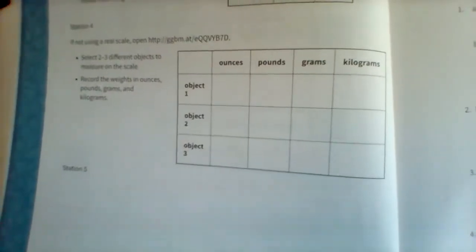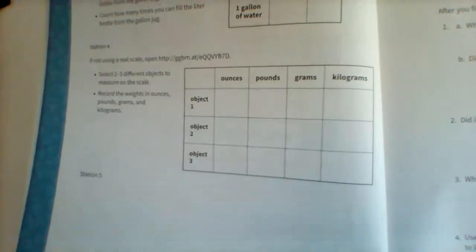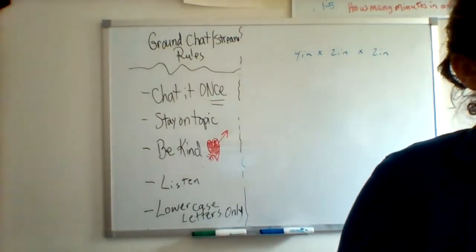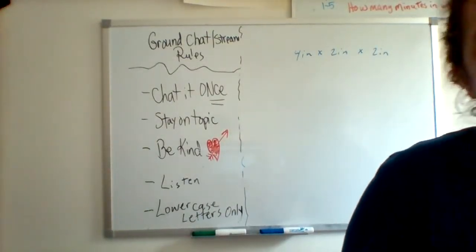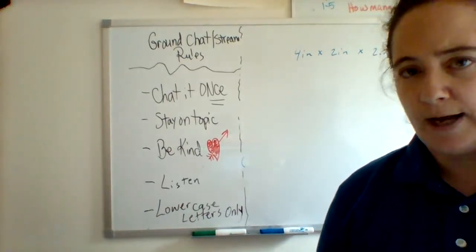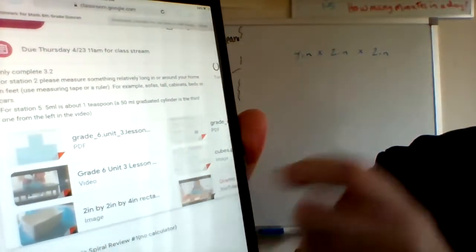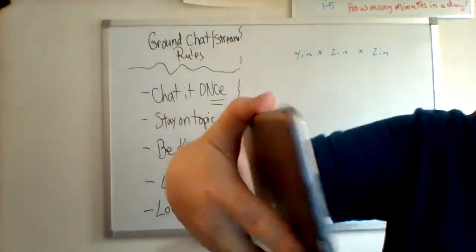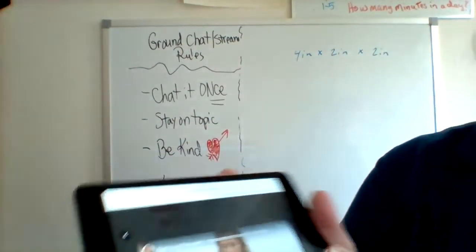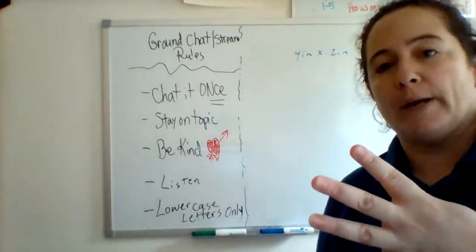Okay, let's look at station number 4. Station number 4, I like a lot because you're going to be comparing ounces, pounds, grams, and kilograms all at the same time. And I found a video, and please don't be offended by the title, okay? I don't think that you're on a 3rd grade level at all. This one right here with the nice lady, she is going to show you an awesome kitchen scale, and it actually has all 4 measurements.